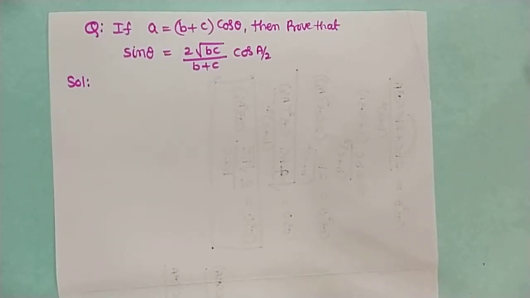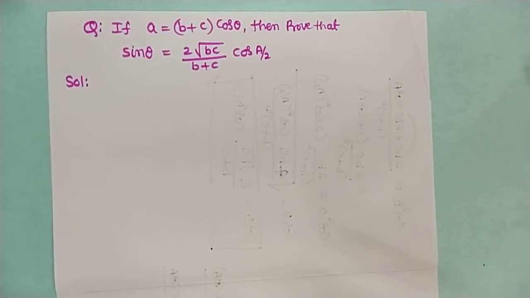The next question: if a equal to b plus c into cos theta, then prove that sin theta equal to 2 root bc by b plus c into cos a by 2. Like the previous problem, here you can take cos theta and find the value of sin theta.